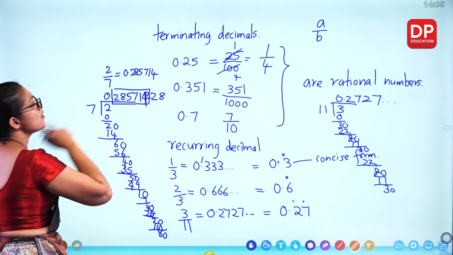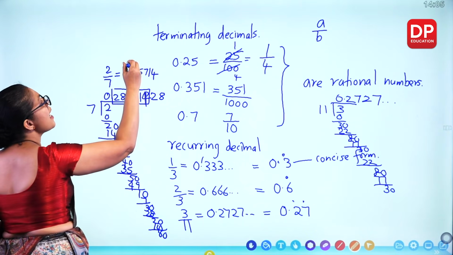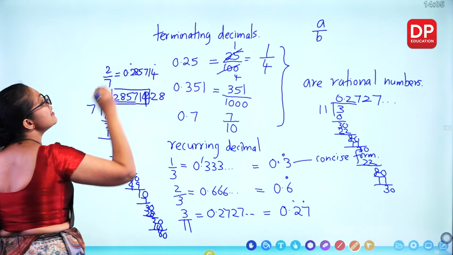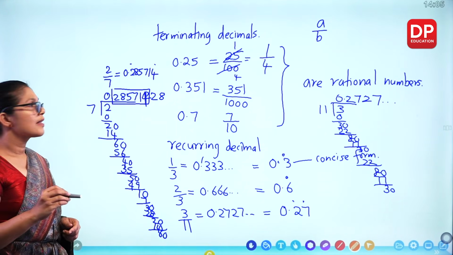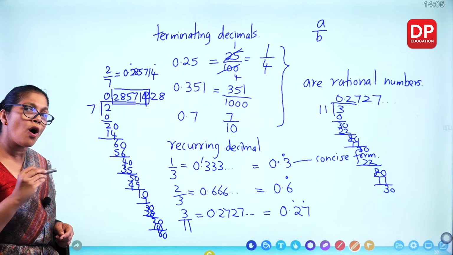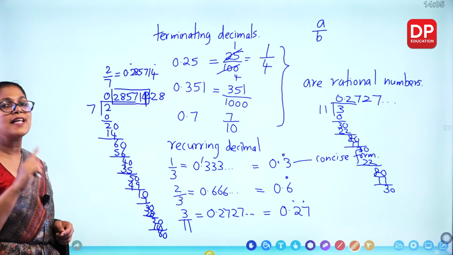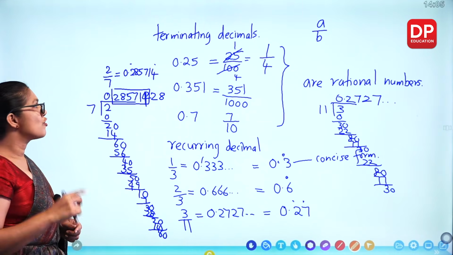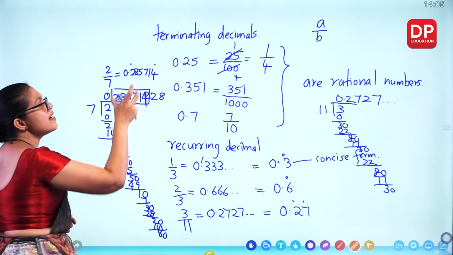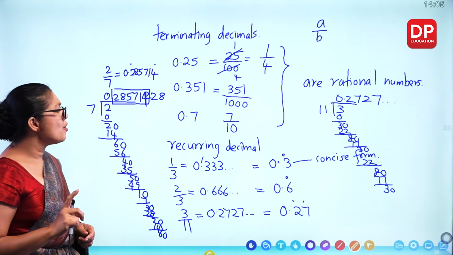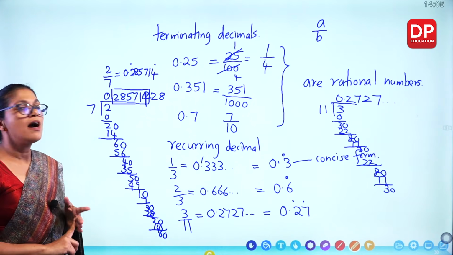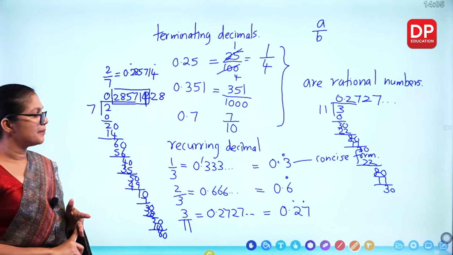So you write that once and then you can put a dot for the first one and the last number. No need to put dots for all numbers. So first and the last number we put dots. That means the whole set is repeating. So now you know what are terminating decimals and what are recurring decimals.